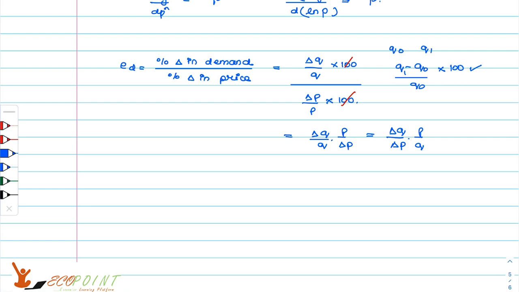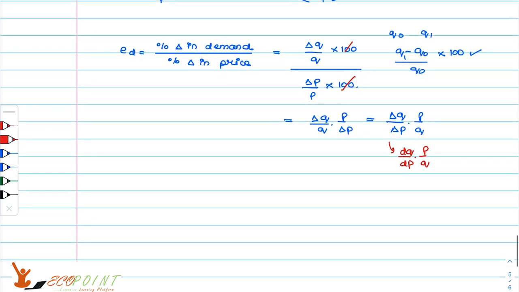So the same thing: this del Q by del P could be written as dQ by dP. Whether you write dQ by dP or dy by dx, there is no problem.